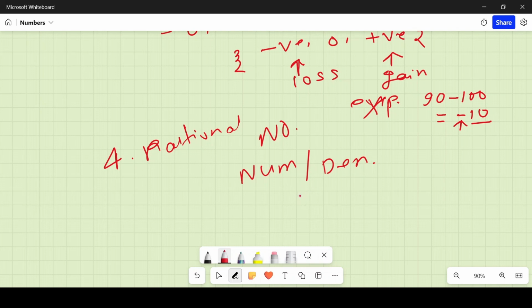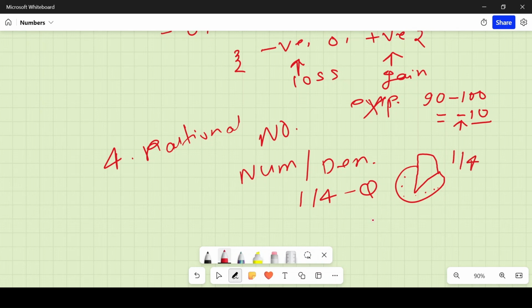One example is 1 by 4, that is a quarter. So let's see a real example of a rational number. Suppose I have a pizza and I want to share one part of this pizza with my friend. So out of 4 parts, I'm only giving one part. So I can represent this as 1 by 4.